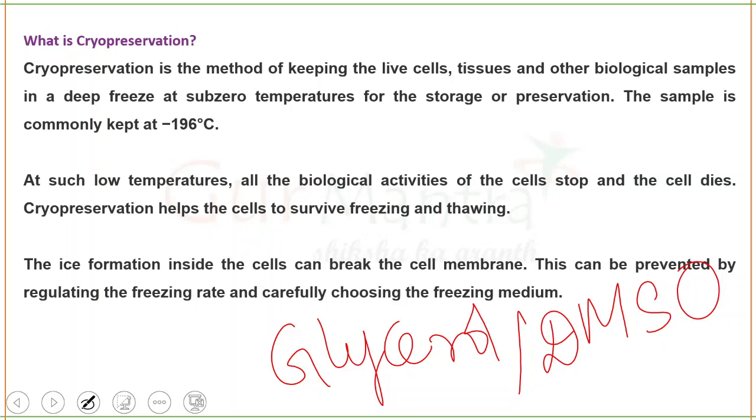They can ask you this in PhD interviews also. What are the two important criteria for cryopreservation? You are going to control the freezing rate at 1 degree Celsius per minute, and by choosing the careful freezing medium, where you will have glycerol and DMSO. Either of them can be used.